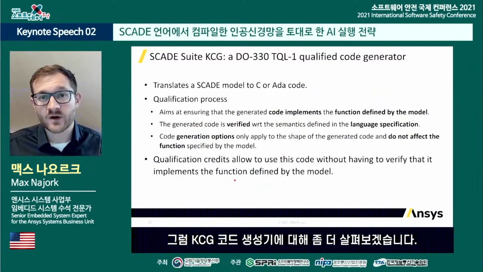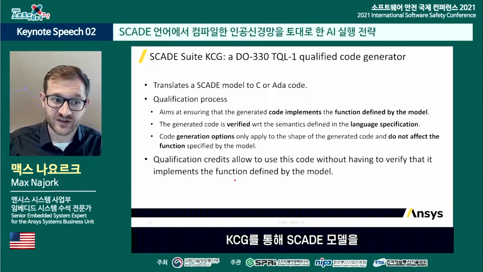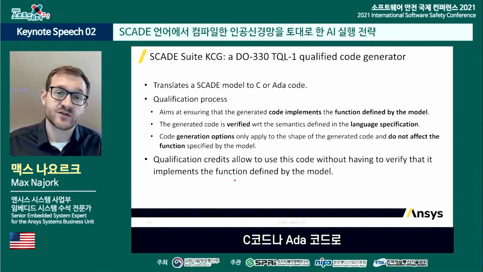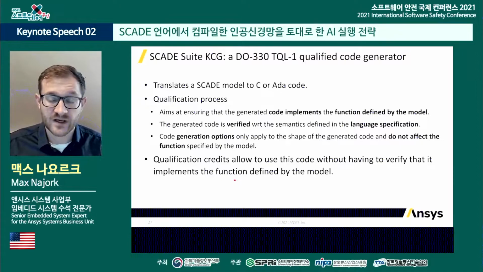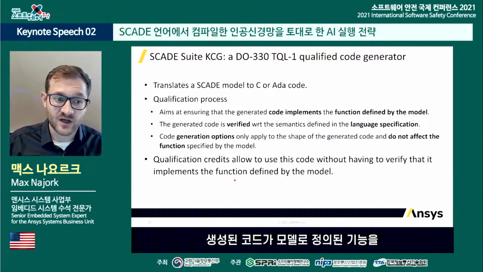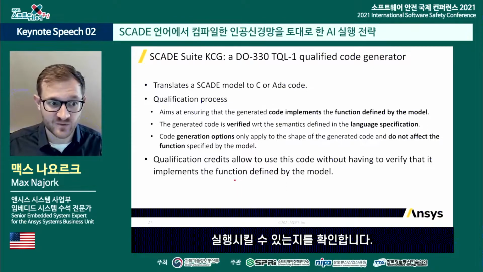Now, talking a bit more about the Kcg Code Generator. It translates any sort of model defined in Scade language into C or Ada code. And it's fully qualified. Within that qualification process, we aim at ensuring that the generated code implements the function defined by the model.